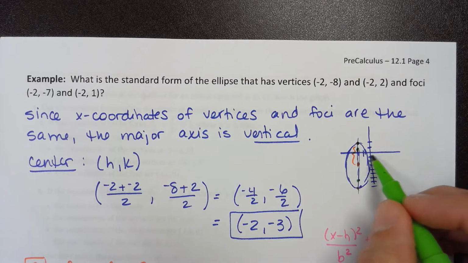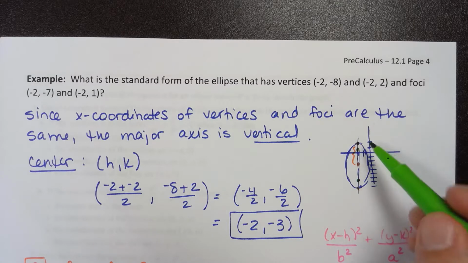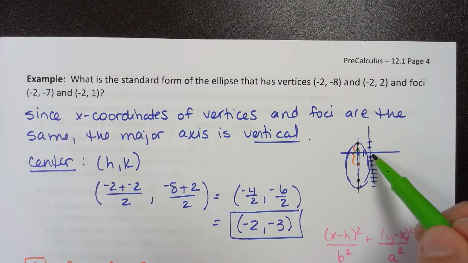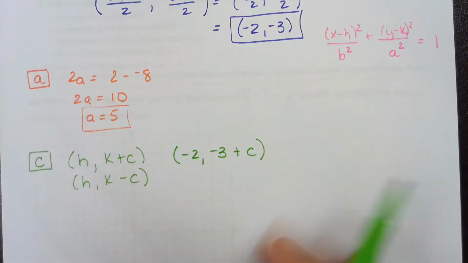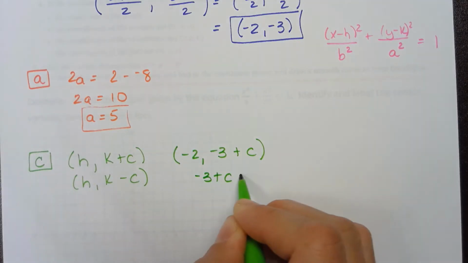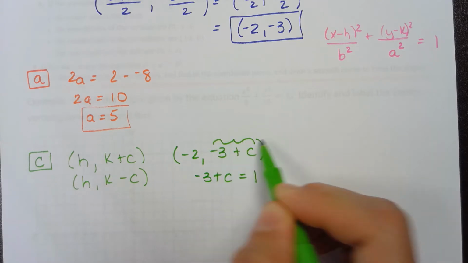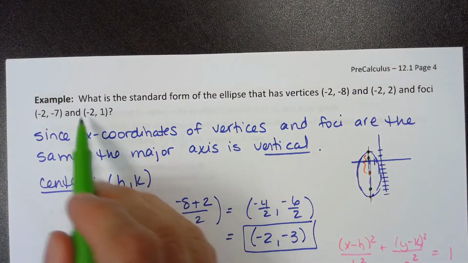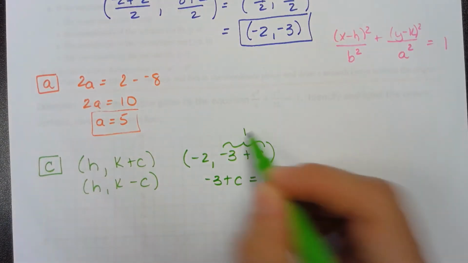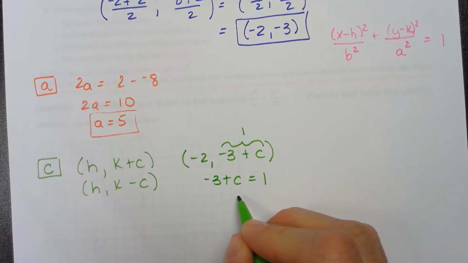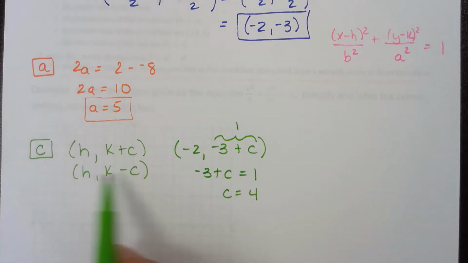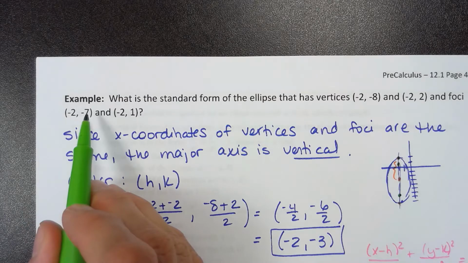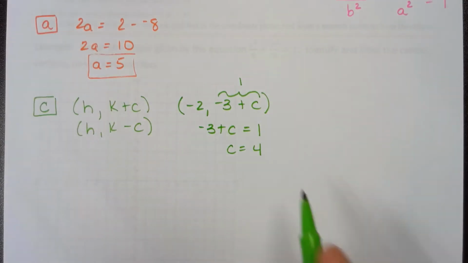So (-2, 1) is where we add c. So -3 plus c has to be equal to 1, because our point was (-2, 1). If we add 3 to both sides, we find out that c is 4. If you use the other form, you would use this point, and you would still get c equals 4.